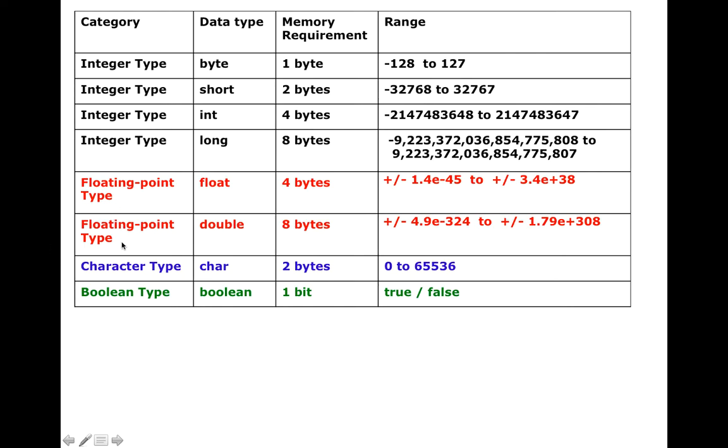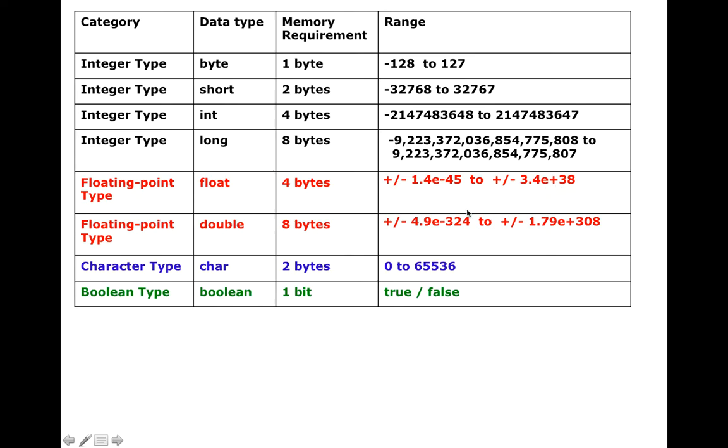As far as floating point category is concerned, there are two data types, float and double. The memory requirement is 4 and 8 byte. Now let's see how to read this range. There's nothing difficult about it, but you should just know how to read it. So you will read it this way. The range of float on the negative scale is minus 1.4 into 10 raised to minus 45, to minus 3.4 into 10 raised to plus 38.